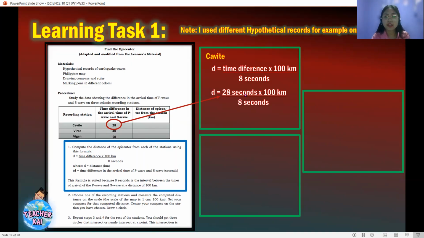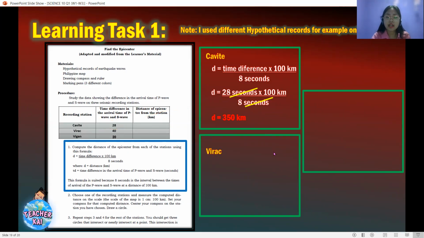So 28 seconds times 100 kilometers divided by 8 seconds. Now let us compute. Same sila ng units, seconds, cancel. So 28 times 100 divided by 8, how many? Okay, 350 kilometers.